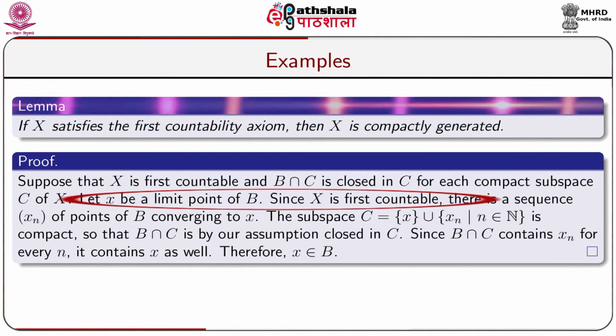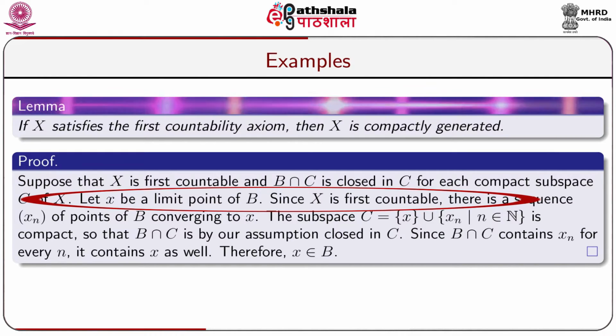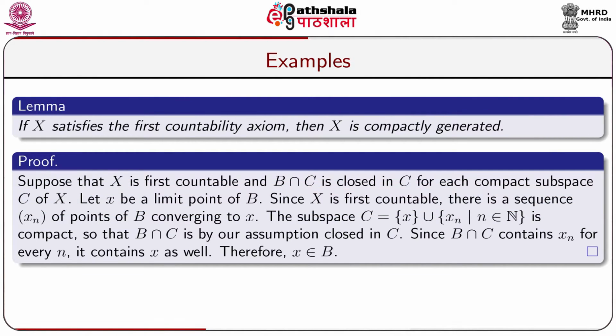Now, let x be a limit point of B. We have to prove that x is in B. Since X is first countable, we know that there exists a sequence x_n of points of B which converges to x.